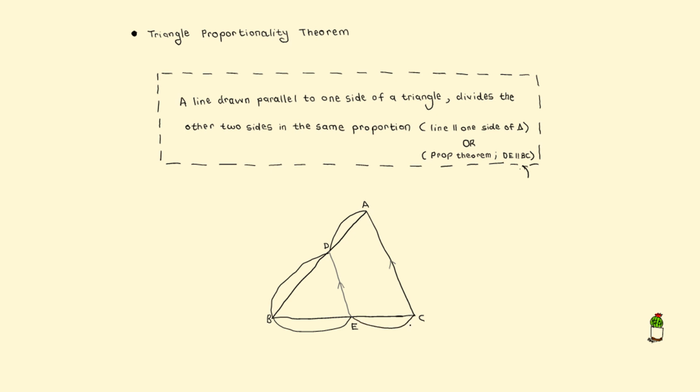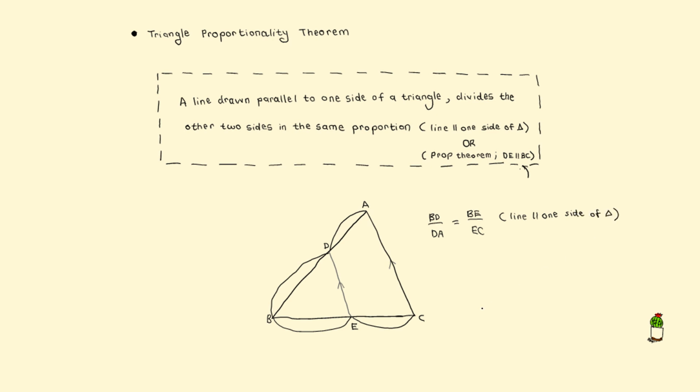And the way you write this out is that you would say BD to DA is in the same ratio as BE to EC, and your reason would be line parallel to one side of triangle.